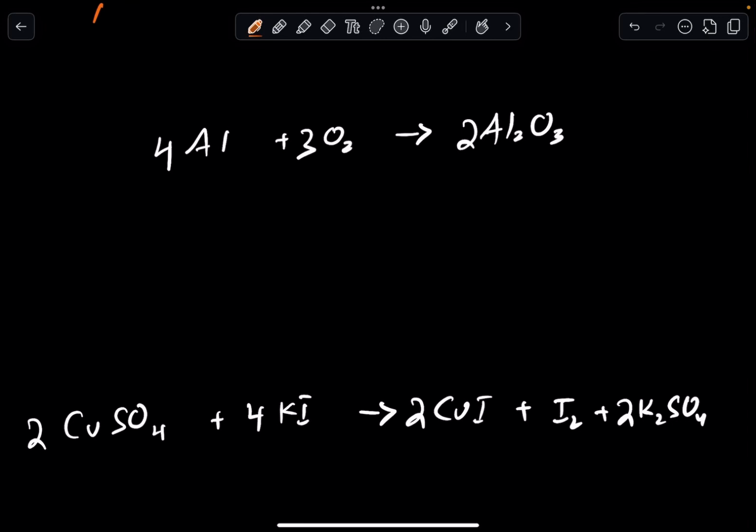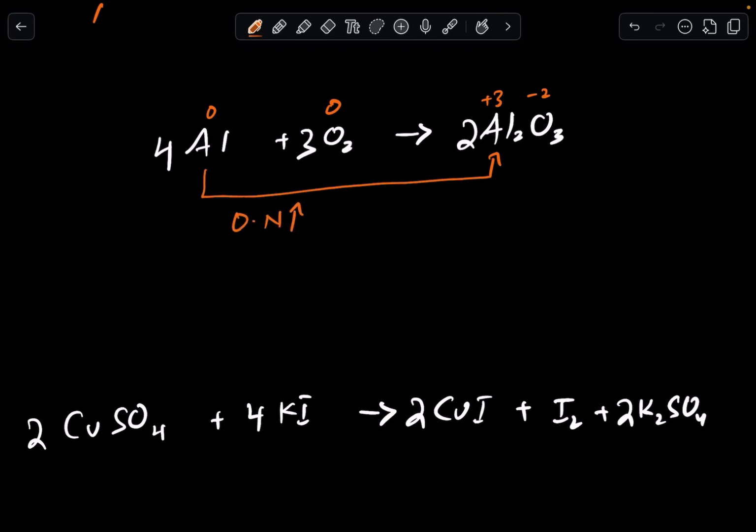Okay, so aluminum has zero charge, oxygen has zero. In this case, aluminum has +3, oxygen has -2. So overall charge over here is +3 times 2 is +6, and over here -2 times 3 is -6. So +6 -6 equals 0. Now aluminum is being oxidized because aluminum is changing its oxidation number from 0 to +3. So oxidation number is increasing.